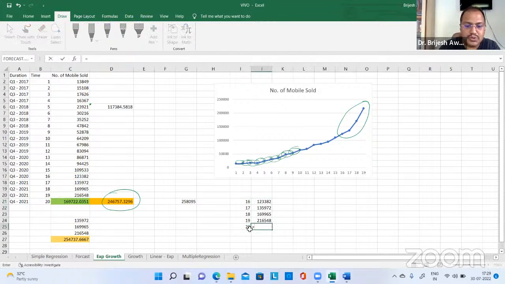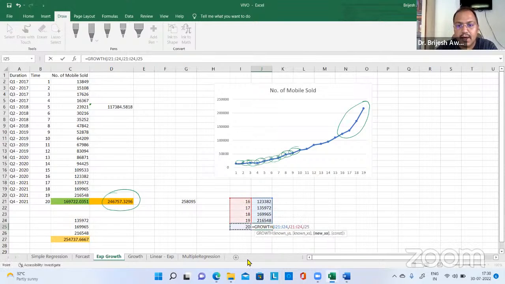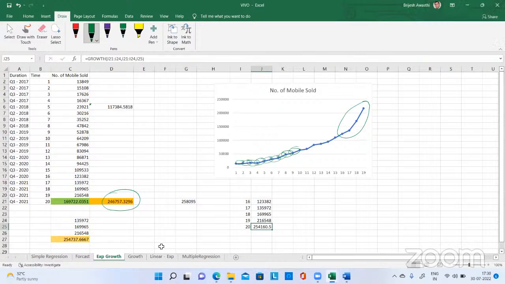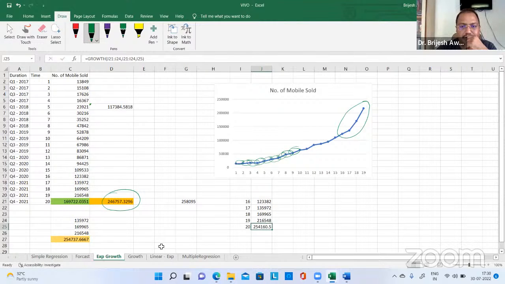Now growth equals to growth, Y series, comma, X series, comma, X, and enter. What did we get? 25,4160. So is it perfect or not?